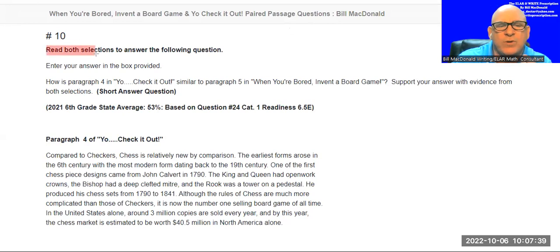It says to read both selections to answer the following question, and then enter your answer in the box provided. That means it's an open-ended question. How is paragraph 4 in Yo Check It Out, that's the location and the title, similar to paragraph 5 of When You're Bored, Invent a Board Game?